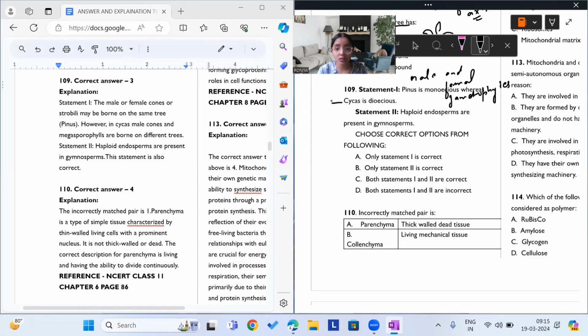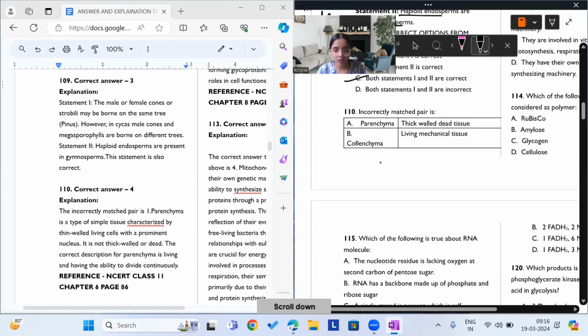In Ficus, they are found on different bodies. That is why Ficus is dioecious. And haploid endosperm is present in gymnosperms, because in gymnosperms endosperm is formed before fertilization. That is why it is haploid. So both the statements are correct. The answer is option number 3.